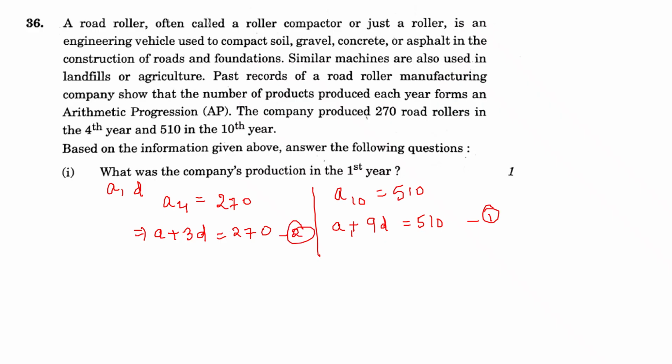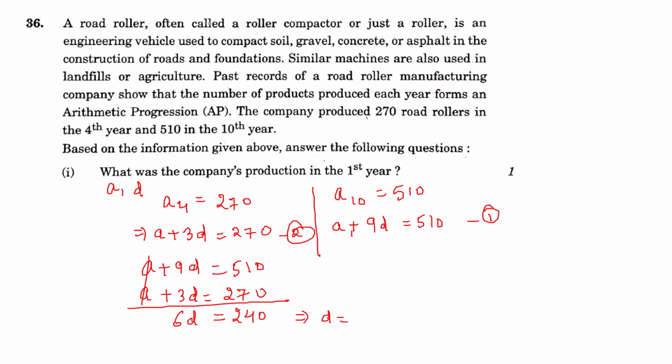Now let's subtract. A plus 9D is equal to 510 and A plus 3D is equal to 270. If I subtract here, I will get 9 minus 3, 6D, and A minus A is 0, and from here you will get 240. So the common difference is 240 divided by 6, which will give you the value as 40.